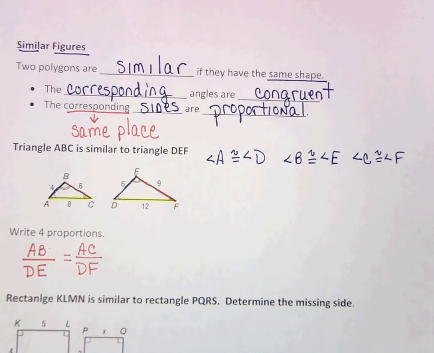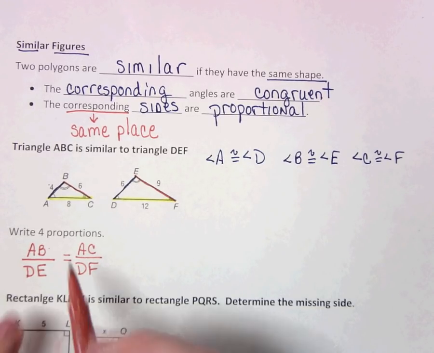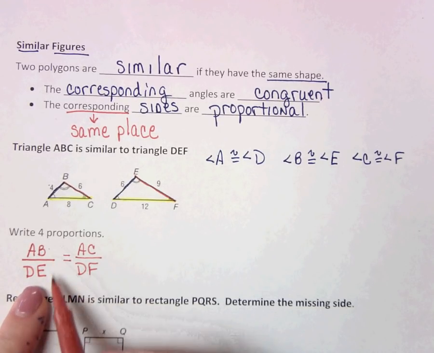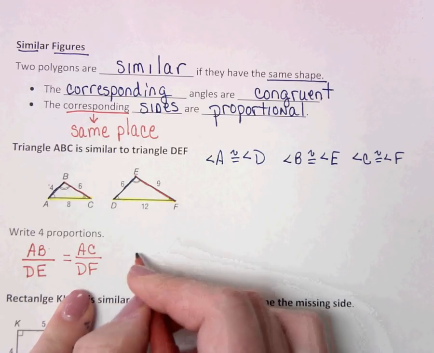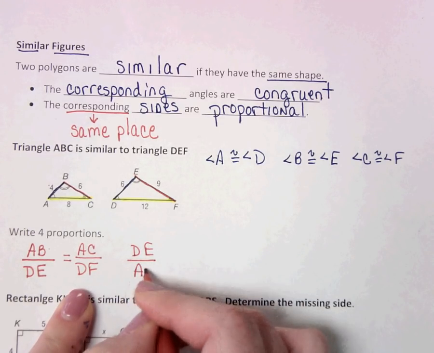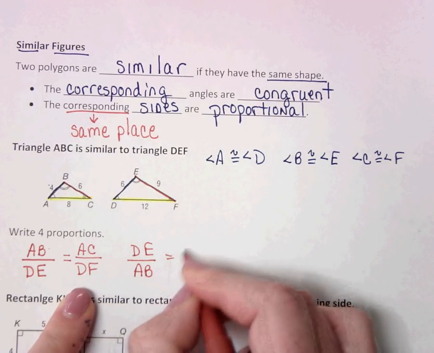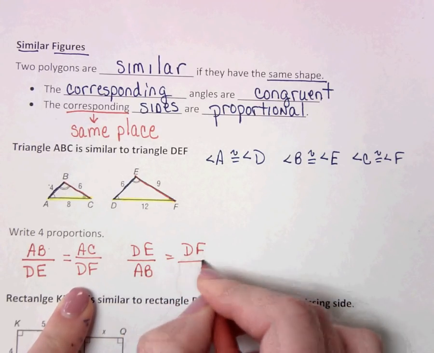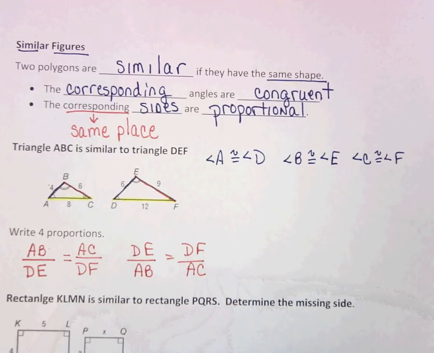But I could write this a couple of different ways. Number one, I could take each of these fractions or ratios and I could flip it. DE over AB, and then DF over AC. Okay, so it's going to mean the same thing, it's just written upside down.